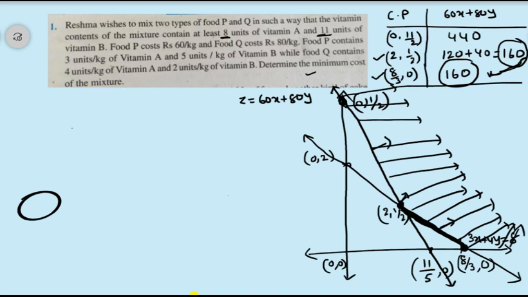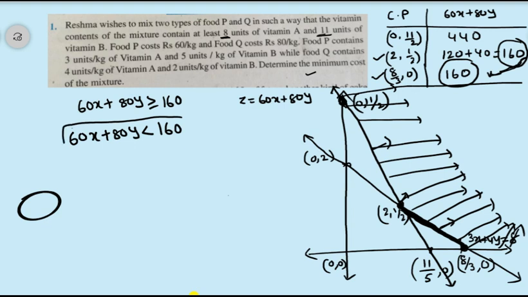What is the contradiction? 60x plus 80y less than 160 is also possible. We are assuming a contradiction.